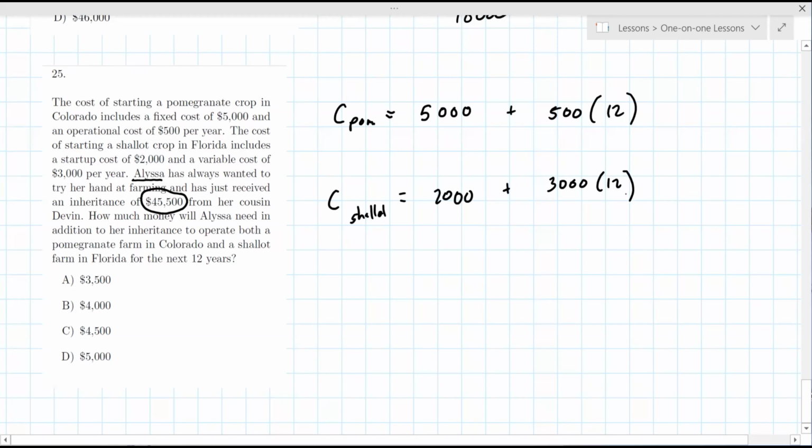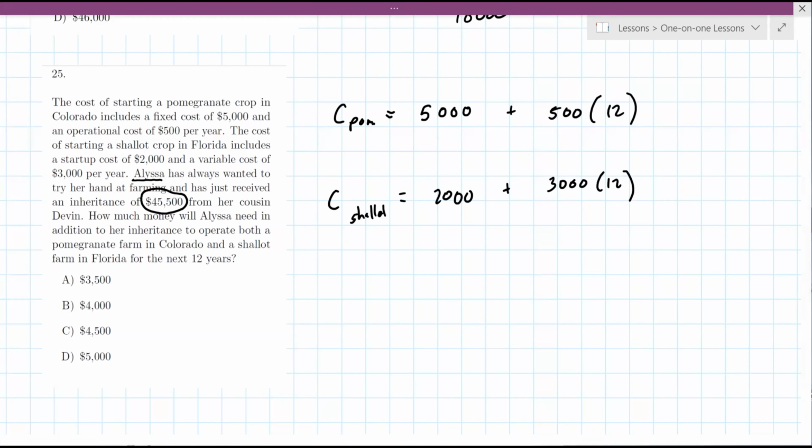So I had to get those two numbers. Okay, so then 2,000 plus 3. Okay. So then you do 500 times 12.